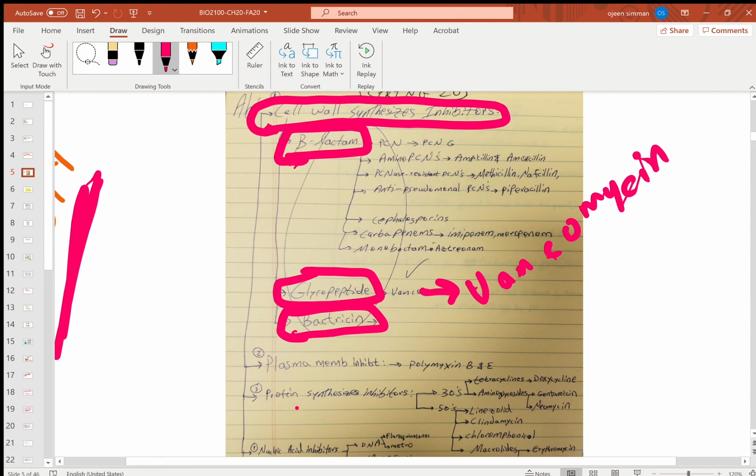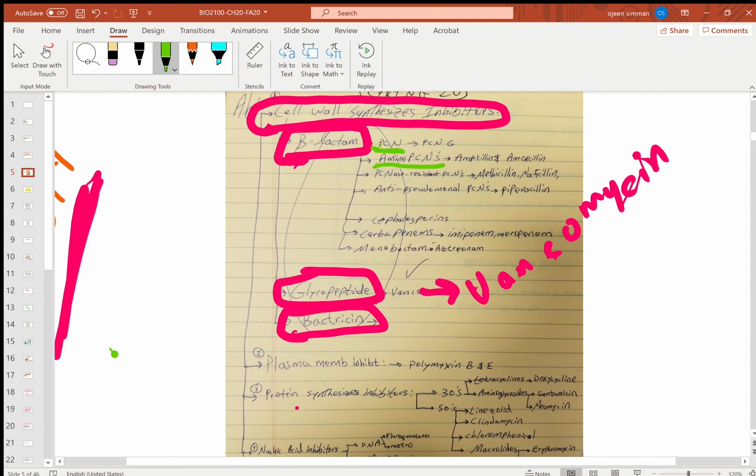Under the beta-lactams, we have different categories. We have the natural penicillins, which we're going to talk about. We have the aminopenicillins, for example, ampicillin and amoxicillin.